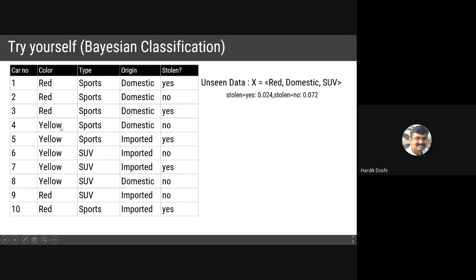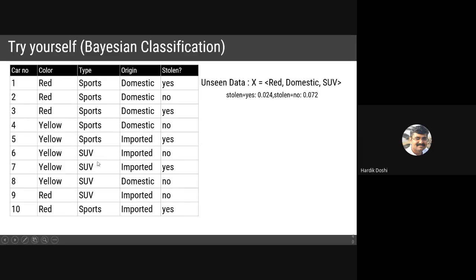Then yellow, sports, imported, yes, it is stolen. Yellow SUV, imported, stolen. So in that case, if color is yellow and imported, then it will surely get stolen. See over here, from this record you can make out. But yellow color SUV, domestic or imported, whatever it may be, it is not getting stolen.